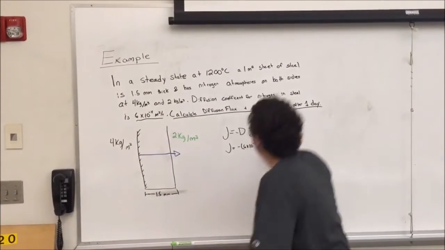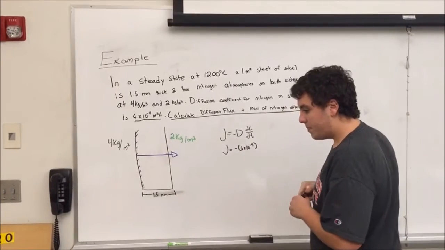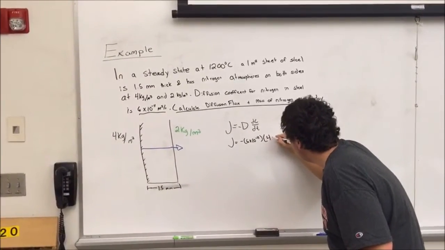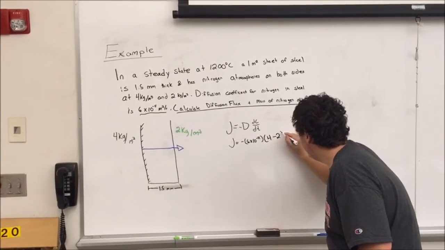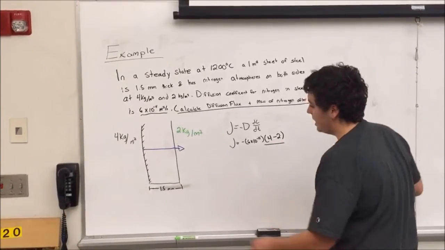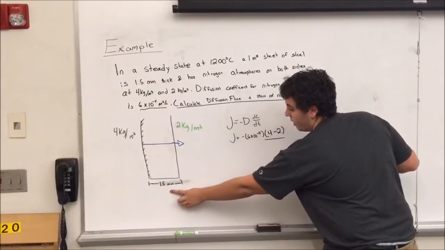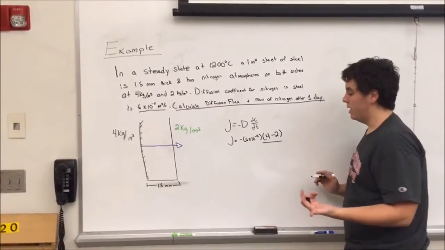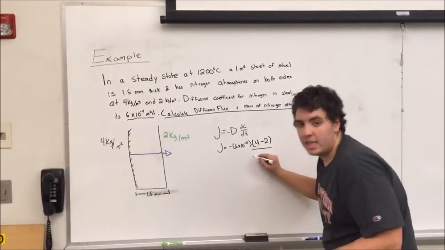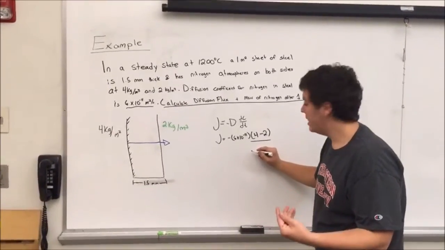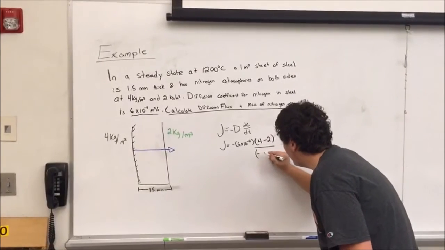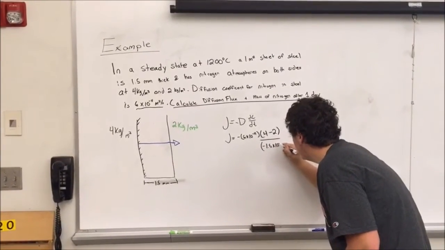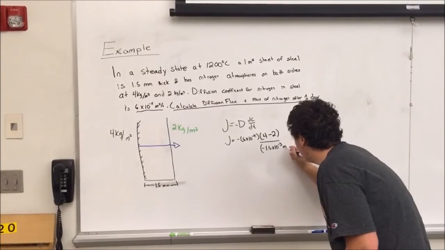And then our concentration gradient is 4 minus 2 over, and the distance between them is 1.5 millimeters, or 1.5 times 10 to the negative 3 meters. But it's technically 0 minus that thickness, so you're going to have a negative 1.5 times 10 to the negative 3rd meters on the bottom.